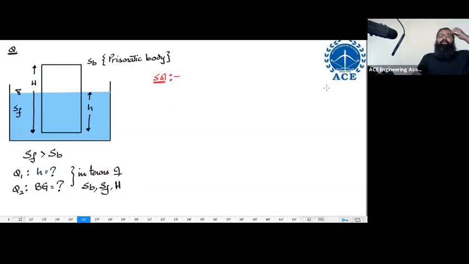Whenever you are seeing an unsupported floating body, remember this, a question will come many times. You will find unsupported floating bodies multiple times. Straight away start with the equation. The value of FB is equal to the weight of the body. Now, what is the standard formula of FB? FB is equal to gamma of fluid multiplied by volume of fluid displaced.